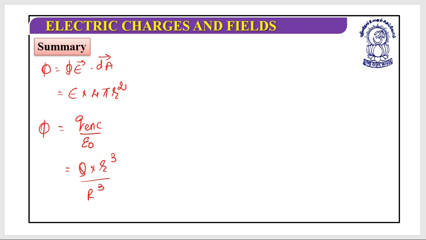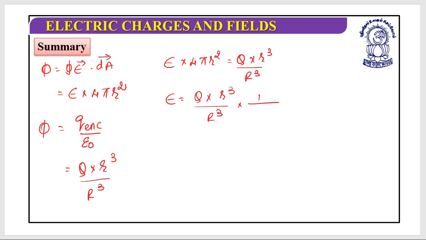Now I just need to compare these two. If I compare them, I have E multiplied by 4 pi r squared equal to Q into r cubed divided by R cubed. So E would be equal to Q multiplied by r cubed divided by R cubed, times 1 upon 4 pi r squared.